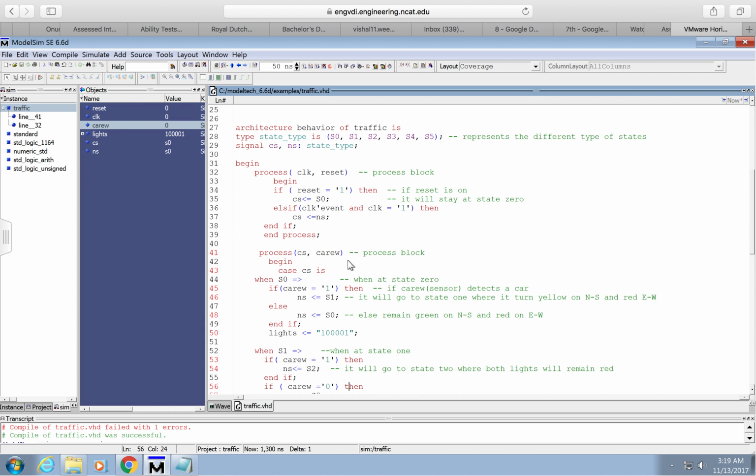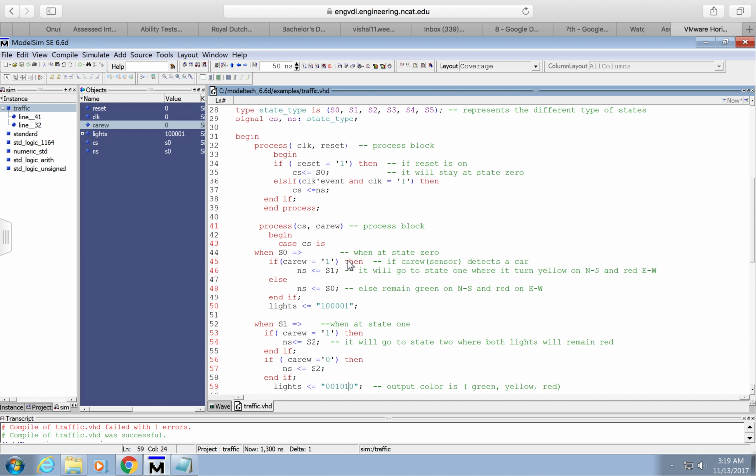Otherwise, it will just remain green on north and south and red on east and west. The outputs are below. When I'm at state 1, which is yellow on the north and south, if the car on the east and west detects a car, it will go to state 2, where both lights are red.